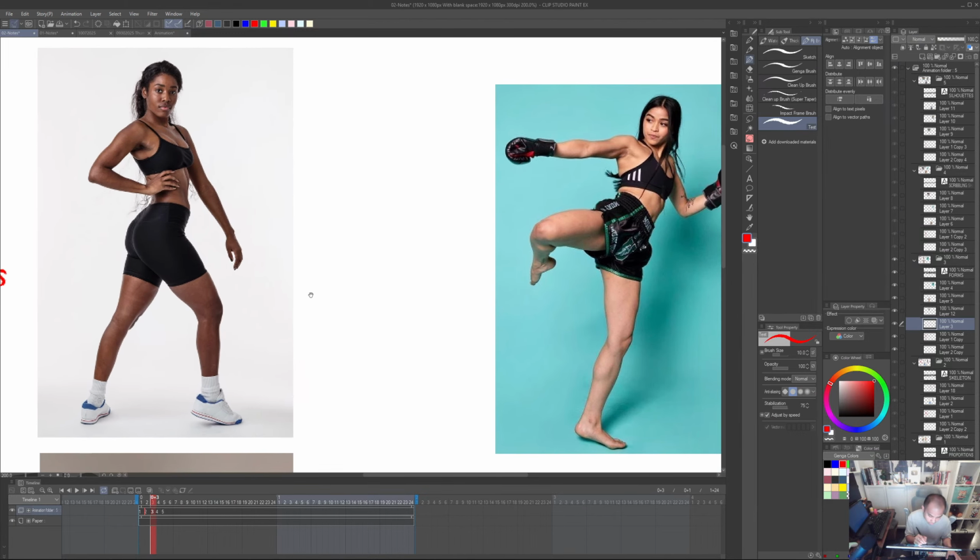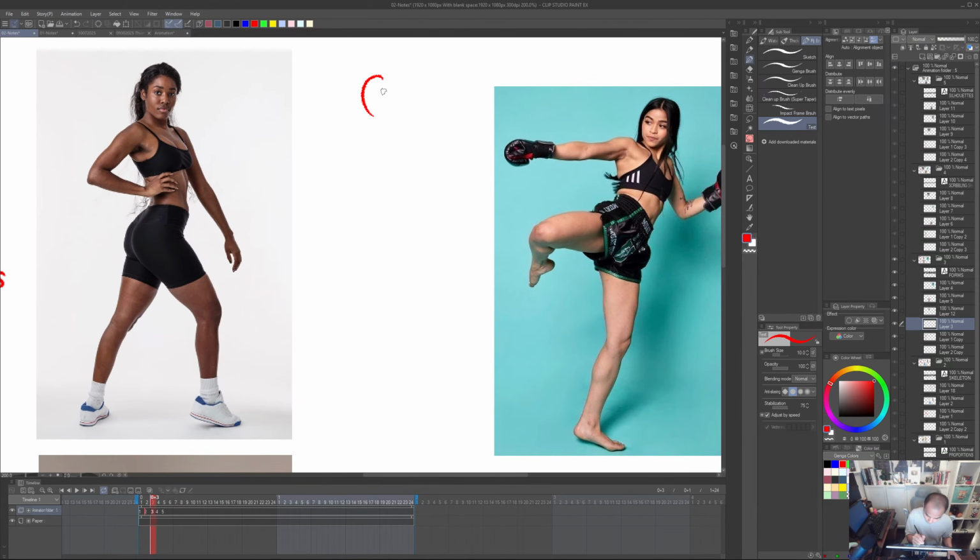So here you can say that the head could be just a simple egg shape, or I could use the one I used earlier. It's up to you. A simple egg shape would be fine, right?